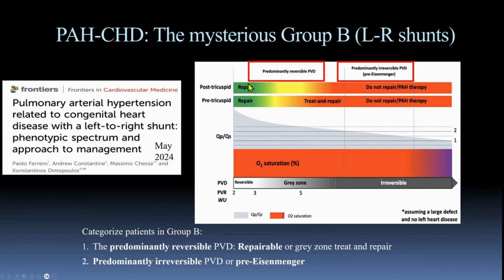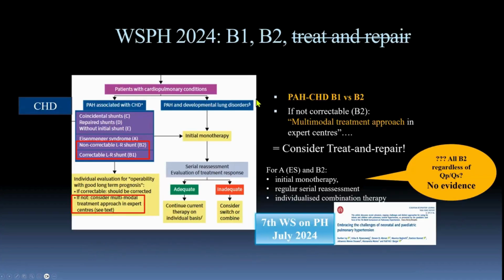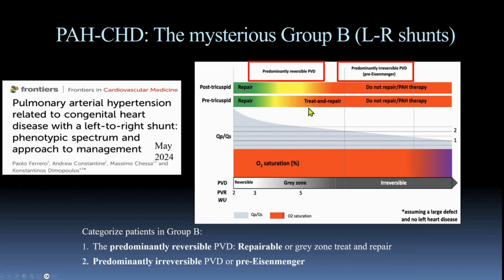So you have patients who can be repaired because the pulmonary vascular disease is low, or you can do a treat and repair and lower the pulmonary vascular resistances to where they are operable. But of course, patients with more severe pulmonary vascular disease should not be repaired. And that's why you divide them into B1 and B2, which I would call predominantly reversible pulmonary vascular disease, so repairable or treat and repairable, and those with predominantly irreversible pulmonary vascular disease.